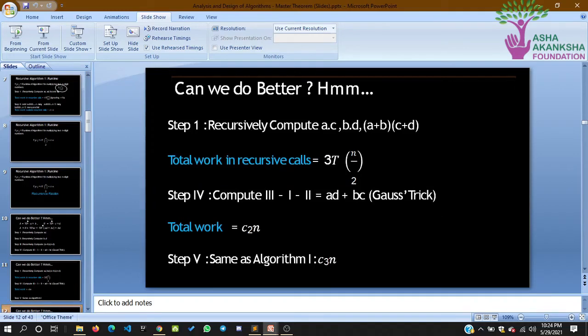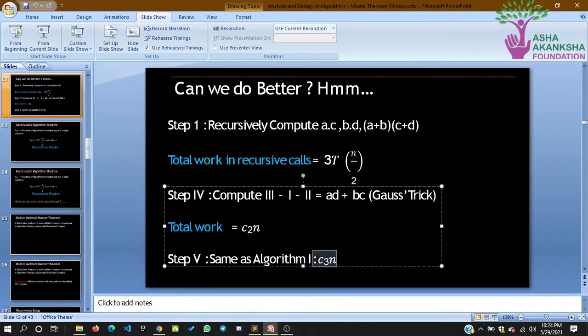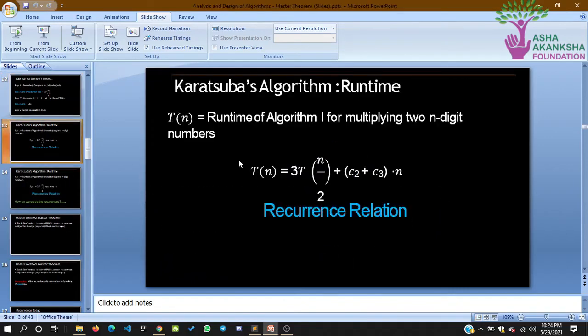This is the same C3 into n that we got in Karatsuba's first version, which was due to additions. So we add all of these things together, and this is the time complexity for the second version of Karatsuba's. And this is the final recurrence relation.